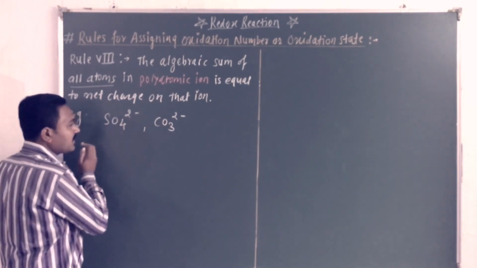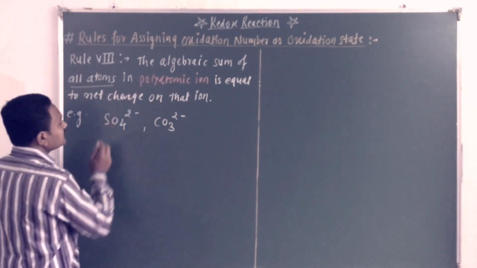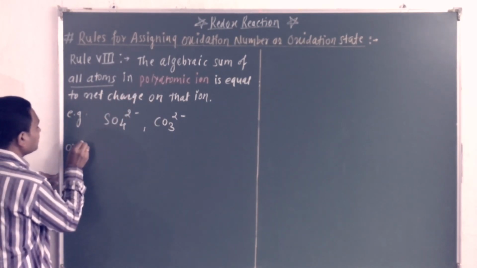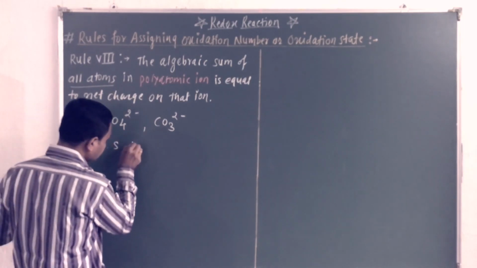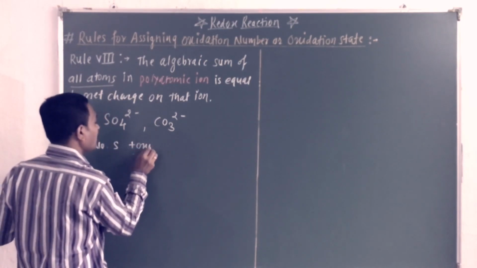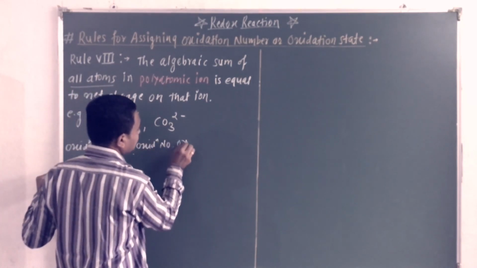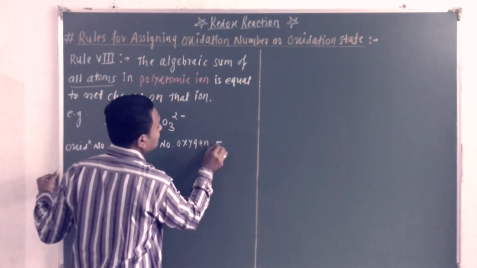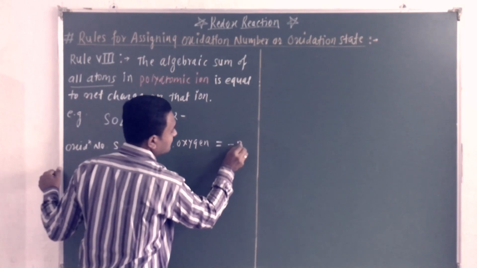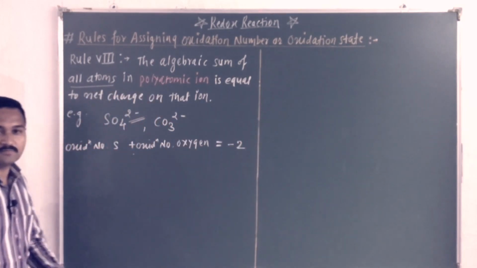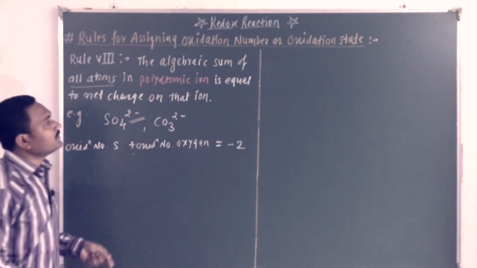Now here the meaning of this particular statement is that the oxidation number of sulfur plus oxidation number of oxygen equals the charge on that ion. The charge is -2, therefore this is -2. Okay, so this is the simple meaning of this particular statement, but we are using the word algebraic sum.